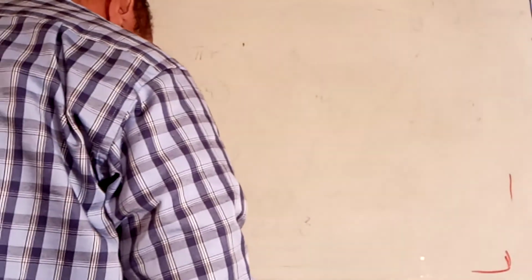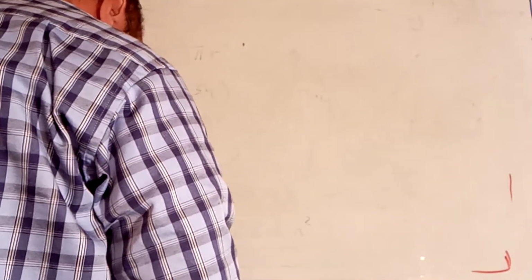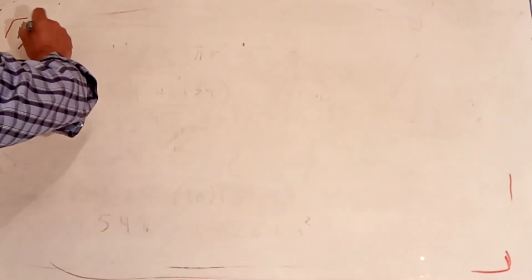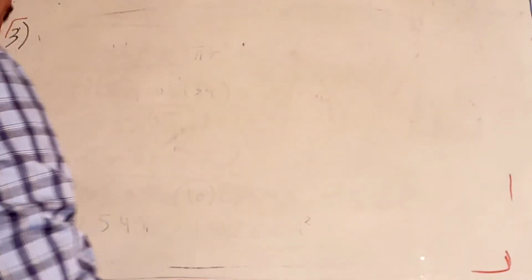Calculate the volume of each of these shapes. Give your answers in terms of pi. So we know the volume of 3A. It's like that.